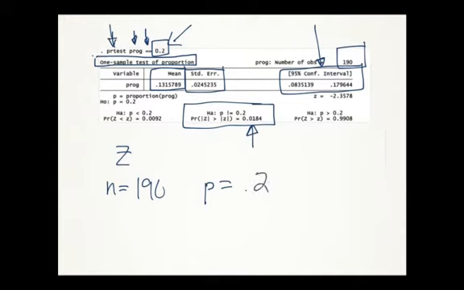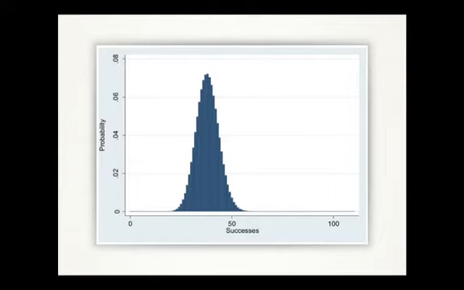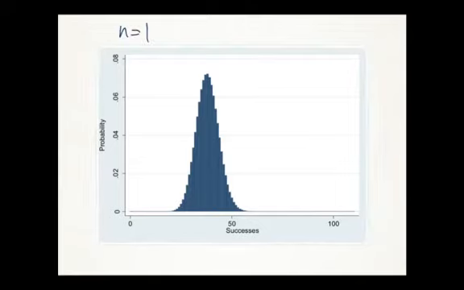So what would that look like? If we had 190 subjects and a p of 0.2, what would the distribution of the number of successes look like? It would look like this. Okay, this is with n equal 190, p equal 0.2. This is the number of successes that we would get, right?